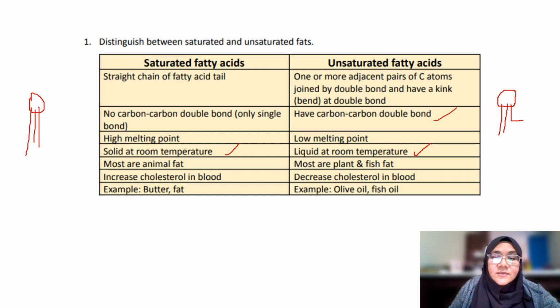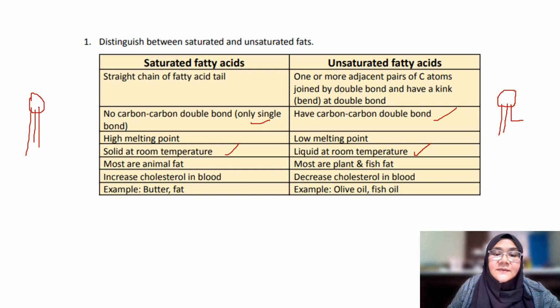However, saturated fatty acids have only single bonds. Because of this, the number of hydrogen is more compared to the unsaturated. Because saturated has no double bond, it has a higher number of hydrogen compared to unsaturated. Again, the presence of double bond.